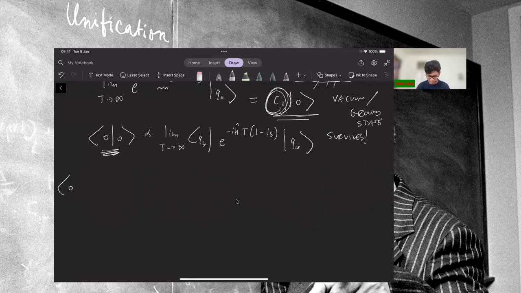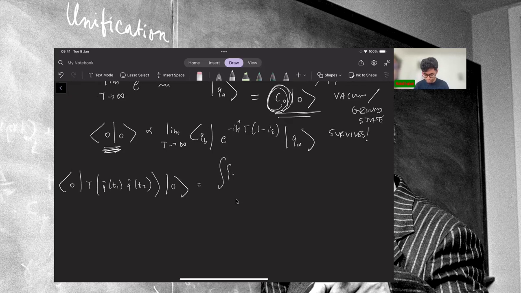Imagine you want to calculate the time-ordered expectation value of q hat t1, q hat t2 between the vacuum and the vacuum. What do you do? You do a path integral. All right. Sorry, let me write this like this. On both the top and the bottom, you take t goes to infinity, but remember to multiply it by this 1 minus i epsilon. And you do a path integral.